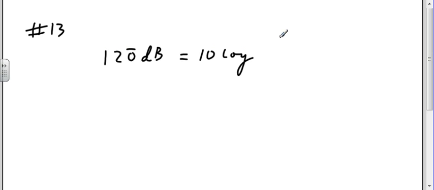Number 13. So 120 dB is the threshold of pain, and we know that dB is 10 log of my intensity divided by my intensity naught, and we're supposed to be solving for the intensity.